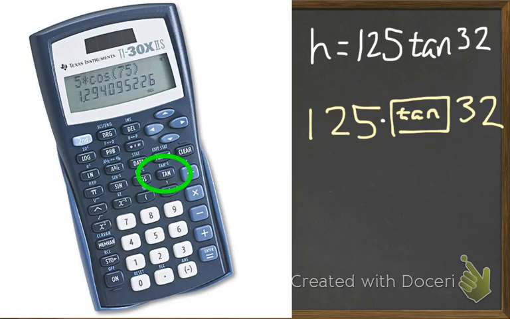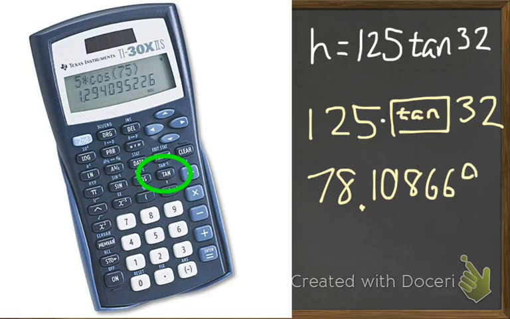So you get 125 tan 32, which gives you 78.10866.